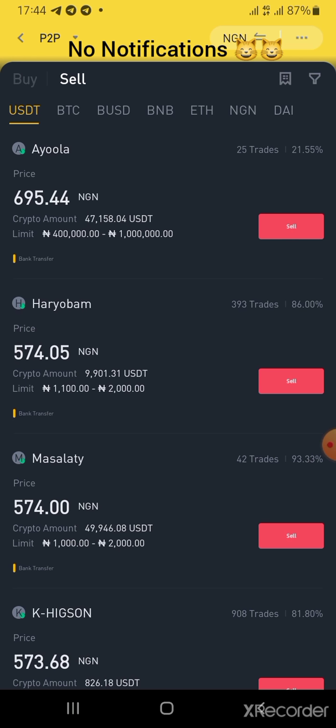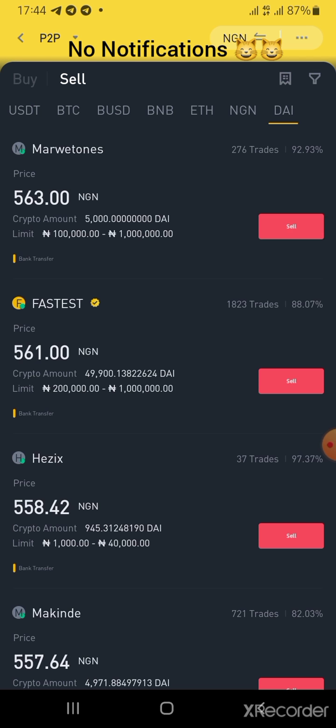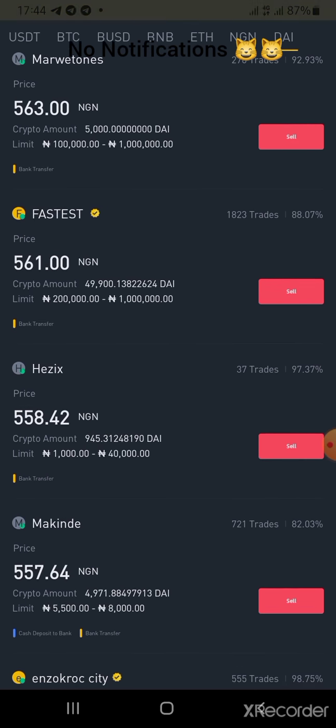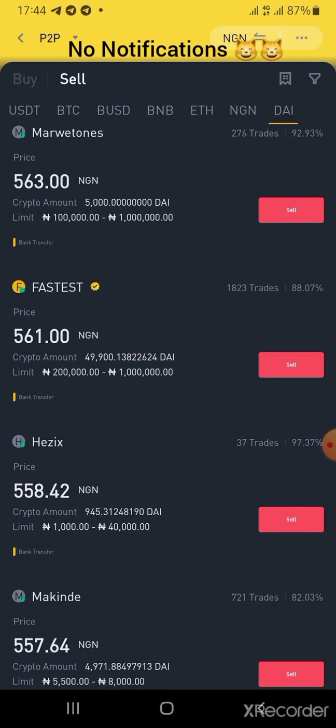So what you need to do is just come to sell. When you click on sell, it asks you what asset you want. So for this case, let's say you want to cash out your BNB. You click on BNB. So you could also see the rates. Now, this rate is the amount that these buyers are willing to pay for your BNB.